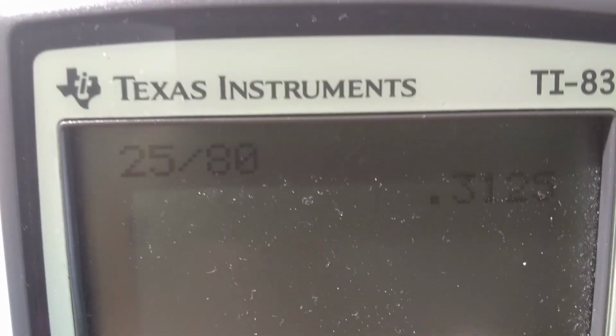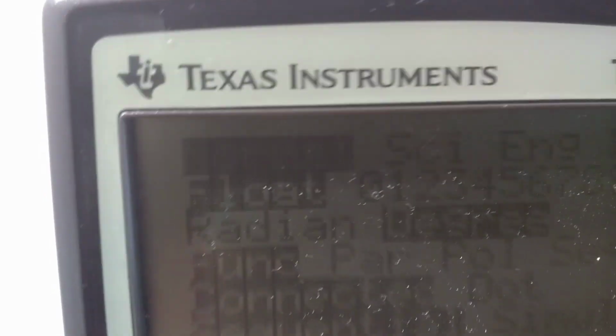Not a problem. You are going to push math, the math button, which is right there on your calculator. And when you push the math button, you're going to push 1 for fraction. And it will turn your answer into a fraction for you.